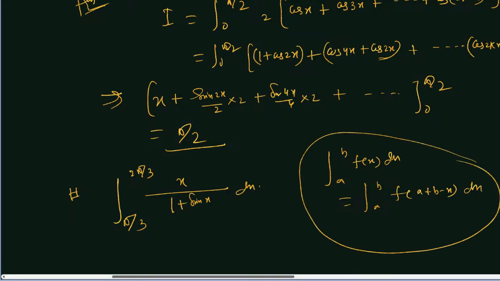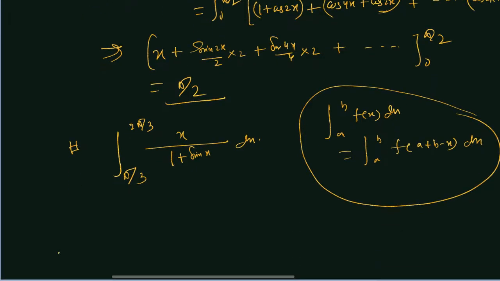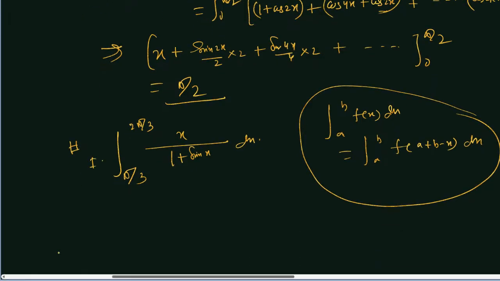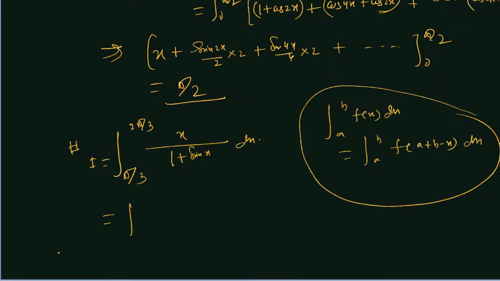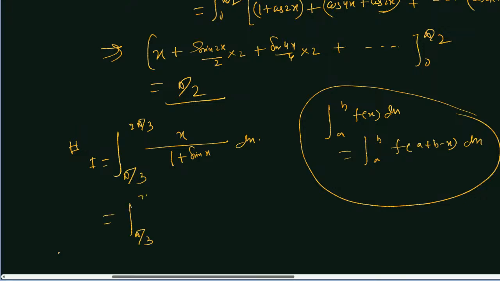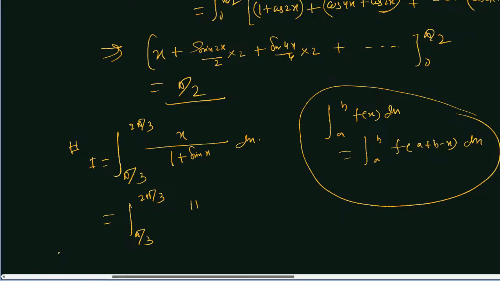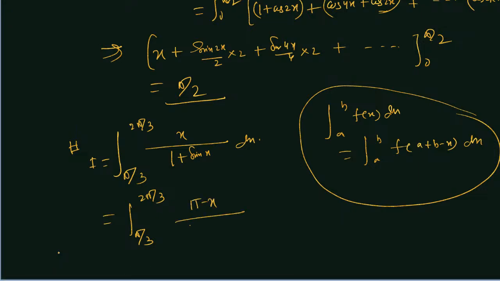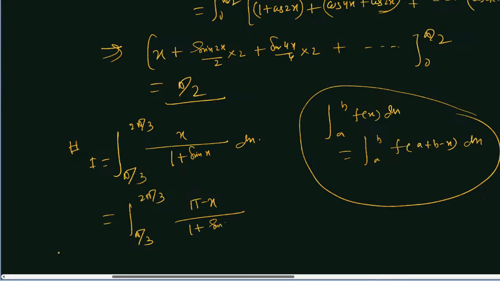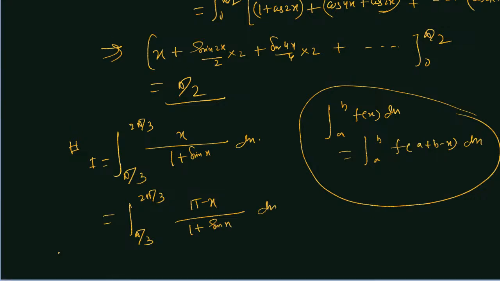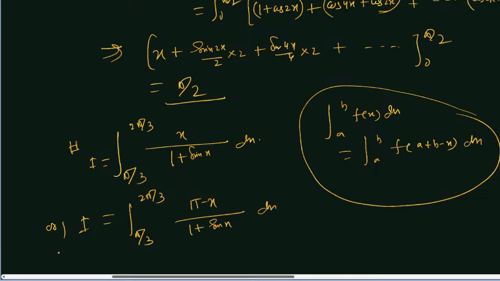Hope this property will help, because this I will be changed to the integral from pi by 3 to 2 pi by 3 of pi minus x by sin of pi minus x, which is sin x, dx. Or I equal to this. Therefore, I plus I will be what?